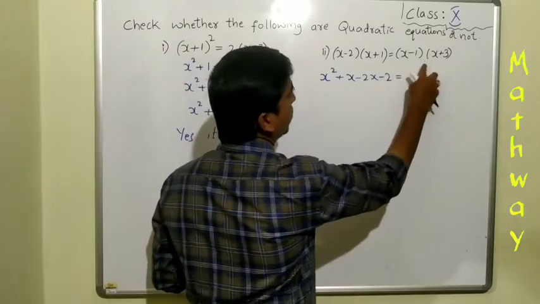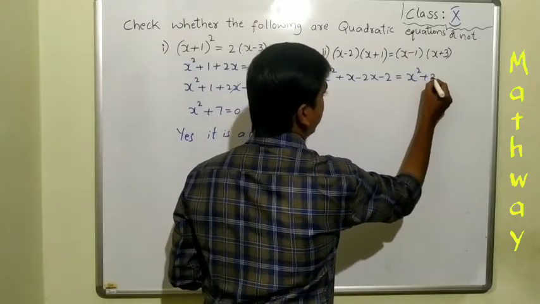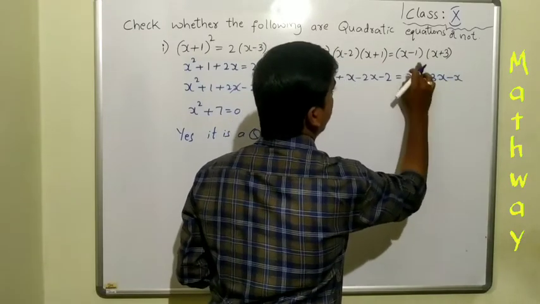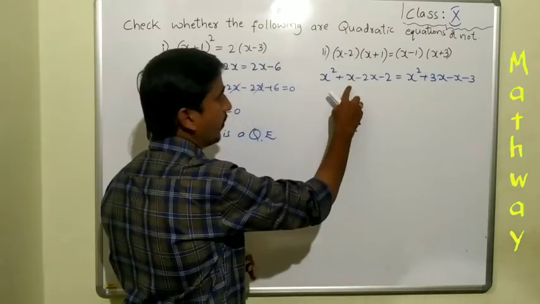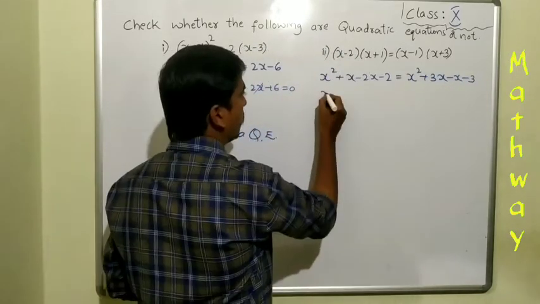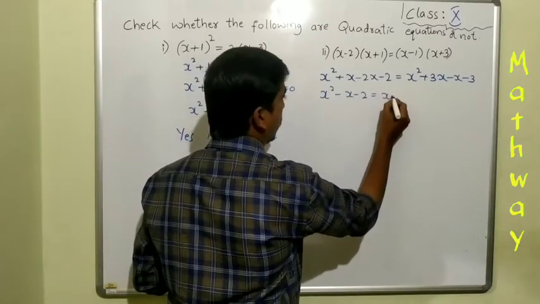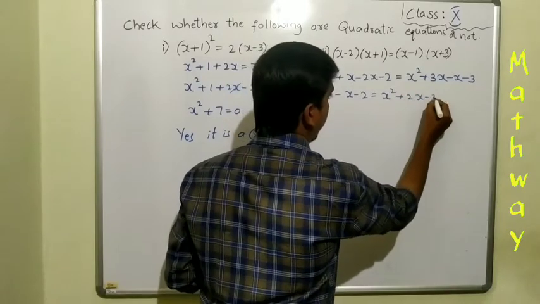On the RHS, x into x, x square, x into 3, it's 3x, minus 1 into x, minus x, and minus 1 into 3 is minus 3. Here we can simplify x minus 2x is minus x, minus 2 equals x square, 3x minus x is 2x, minus 3.